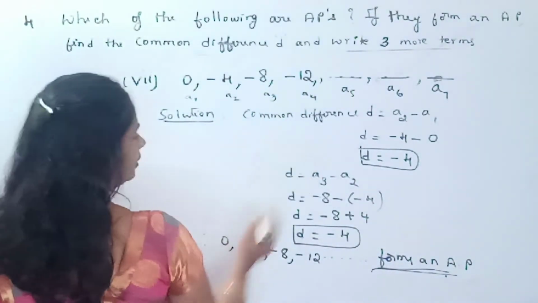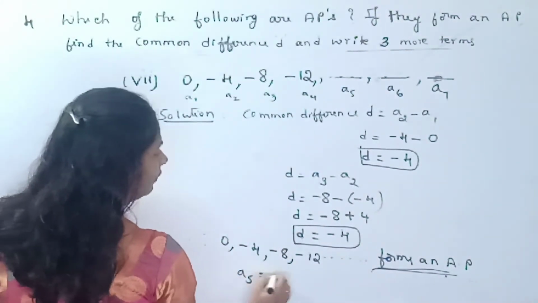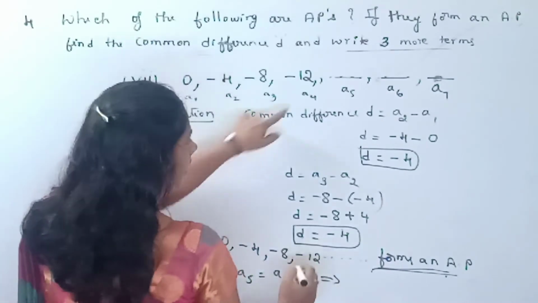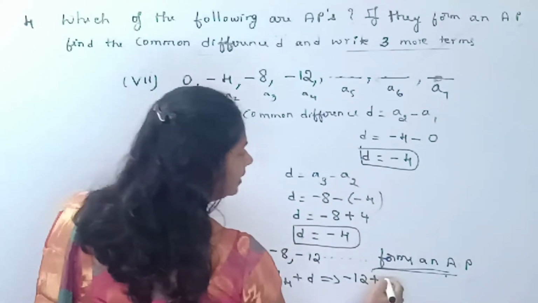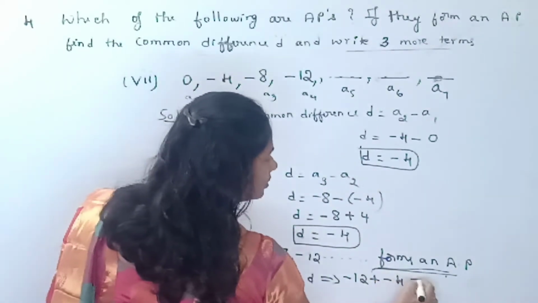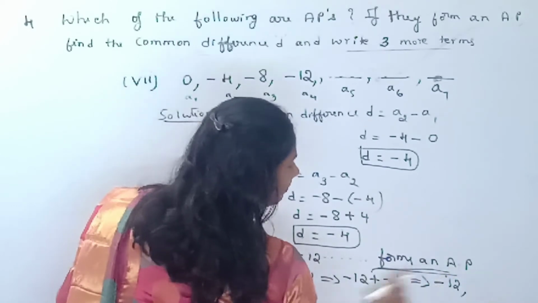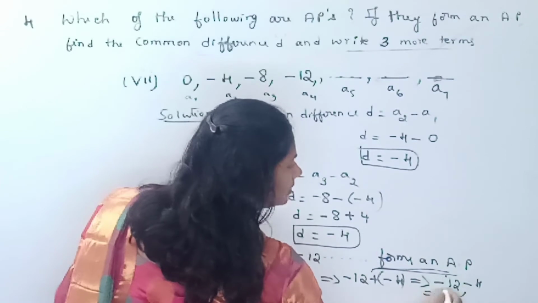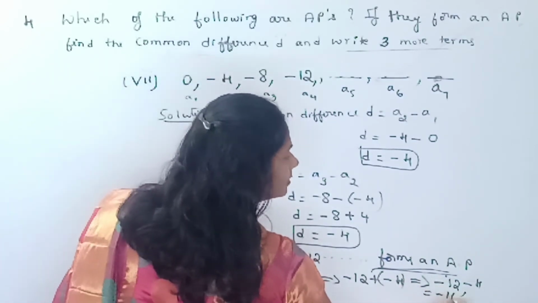So let me write here. So A5, how will you find out A5? A4 plus D, isn't it? So A4 value is -12 plus common difference is -4. So answer is -12 -4, you will be getting -16.